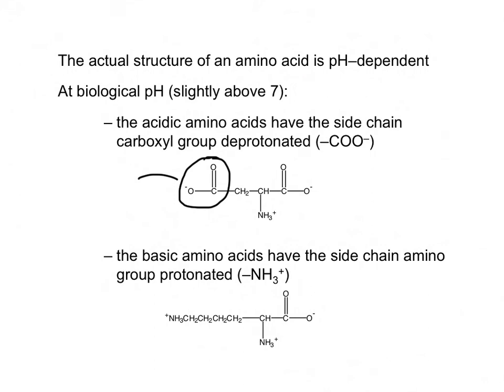I'm going to pull off the most acidic hydrogen first. So when I raise the pH, I will have this structure, NH3 plus, and then I'll have that right there. And that is the Zwitter ion. That's what the Zwitter ion looks like.